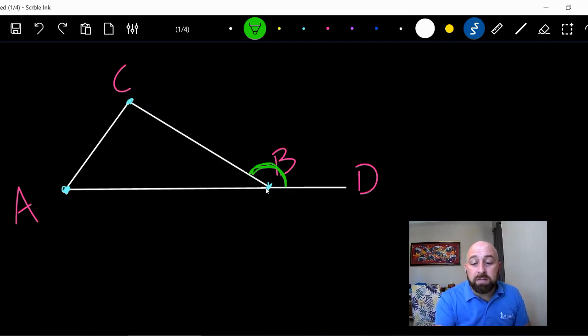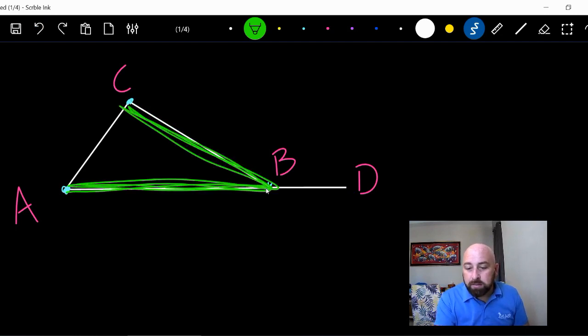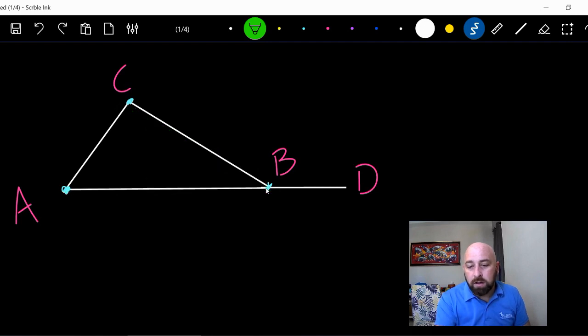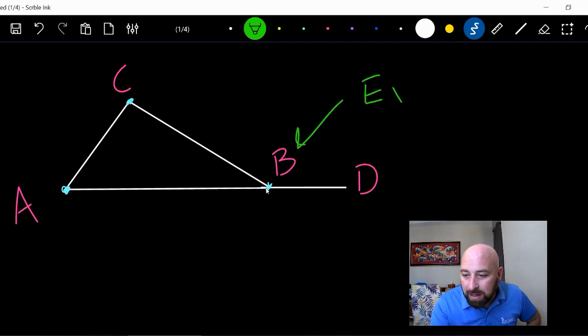So B can function as an interior, and that would be this one, ACB or ABC, or an exterior, CBD. That's the angle B, interior and exterior. So let's call this one an exterior.